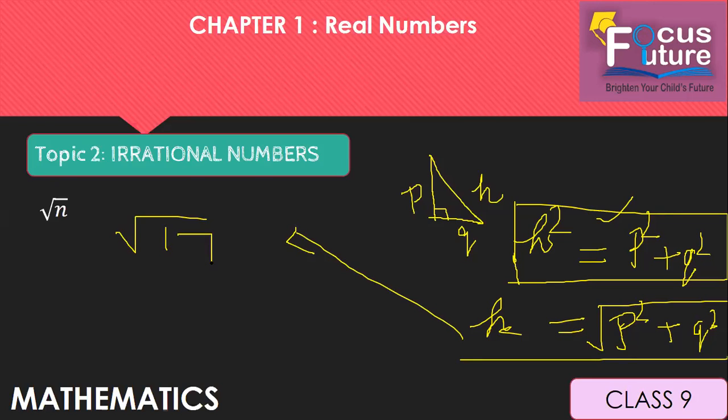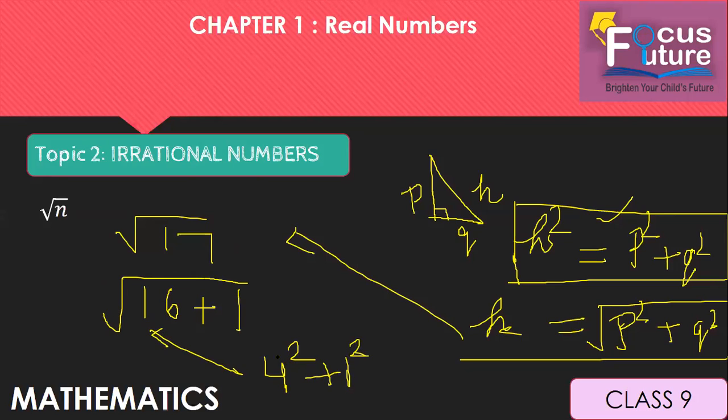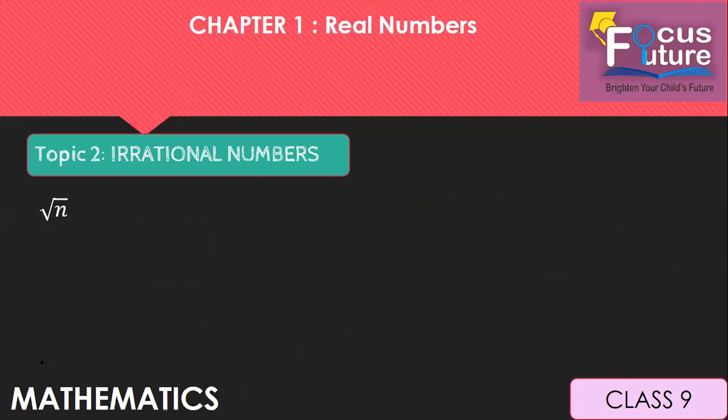Similarly, root 17 can be written as the square root of 16 plus 1. Here 16 is 4 square and 1 is the square of 1. That means one term would be your perpendicular and one term would be your base. So how would we represent it on the number line?